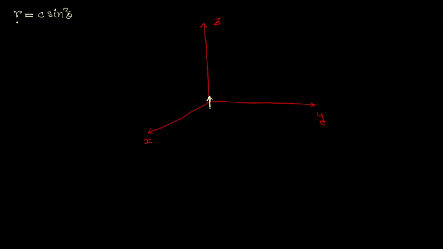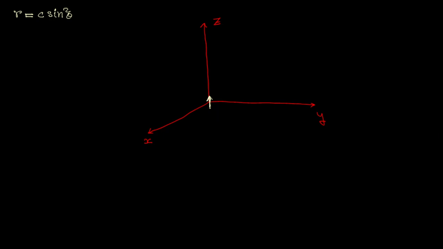For simplicity, let's say c is equal to 1, then we'll get r is equal to sin square theta.